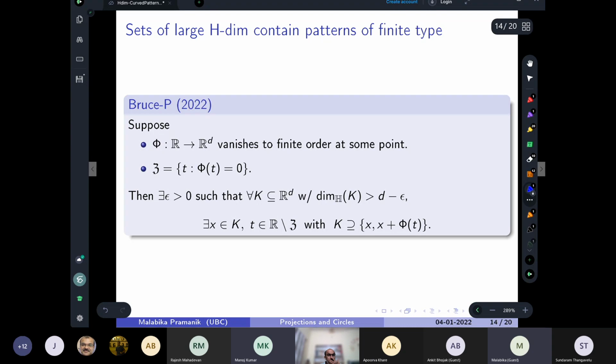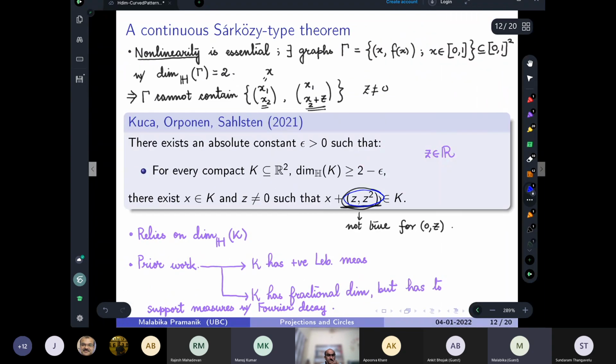Yeah, that's a great question. So let's go back to Kuca, Orponen, and Sahlsten. Their result is constructive in the sense that a careful tracking of their methods is going to produce a particular value of epsilon. So the proof is not non-constructive. However, I think that maybe it's a good place to state a conjecture.